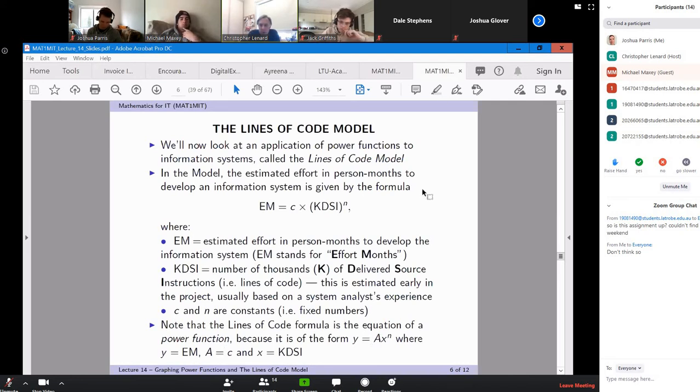A is the constant, and X is the input. It's how many thousand lines of code, measured in number of thousands. And then the N will be fixed according to how complicated the task is.